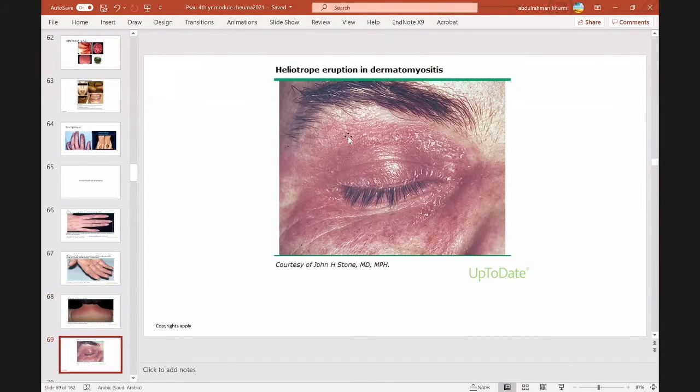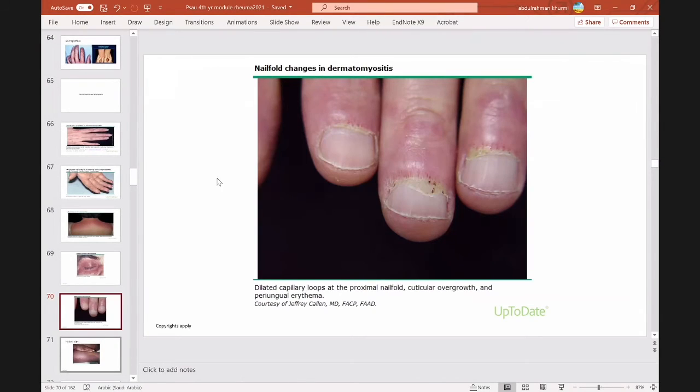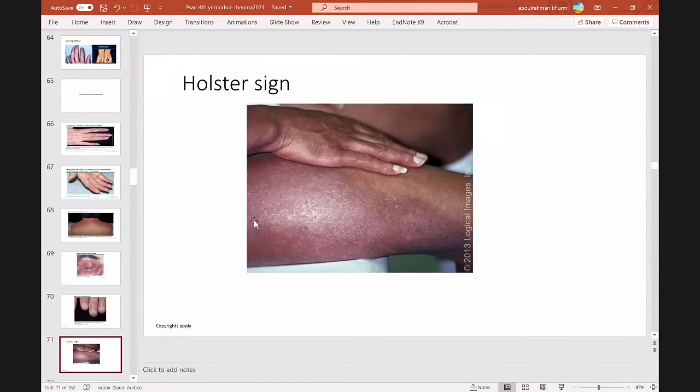Also around the eye, what we call heliotrope eruption or heliotropic rash, seen in dermatomyositis. And this is nail fold changes, seen also in dermatomyositis. The angular erythema, also around the thigh, what we call the holster sign.